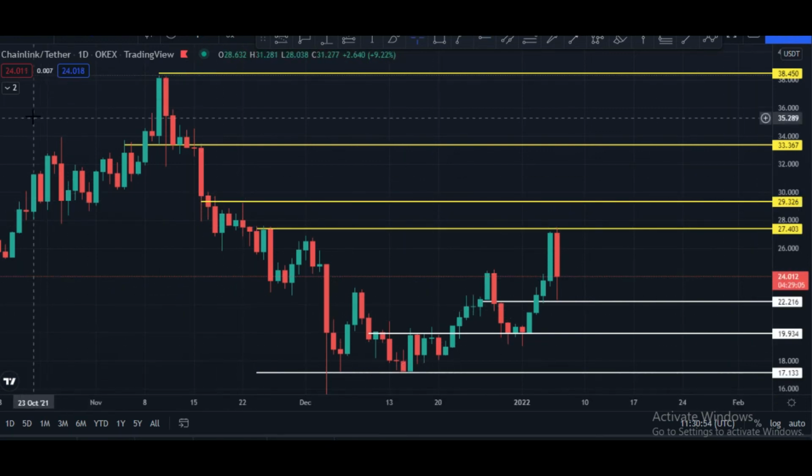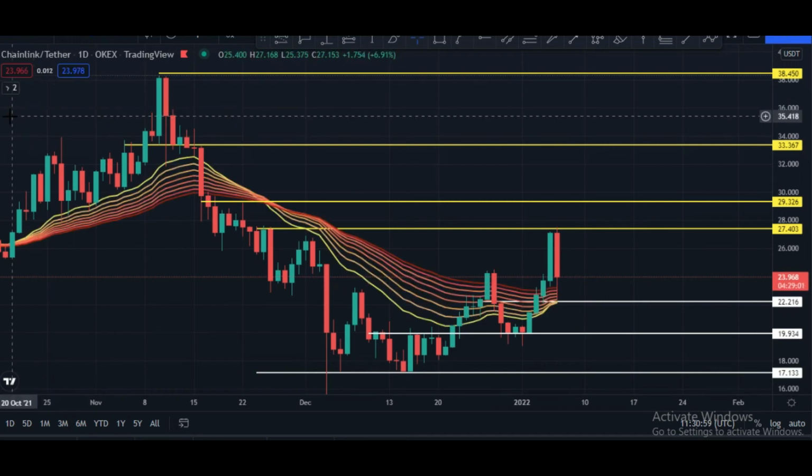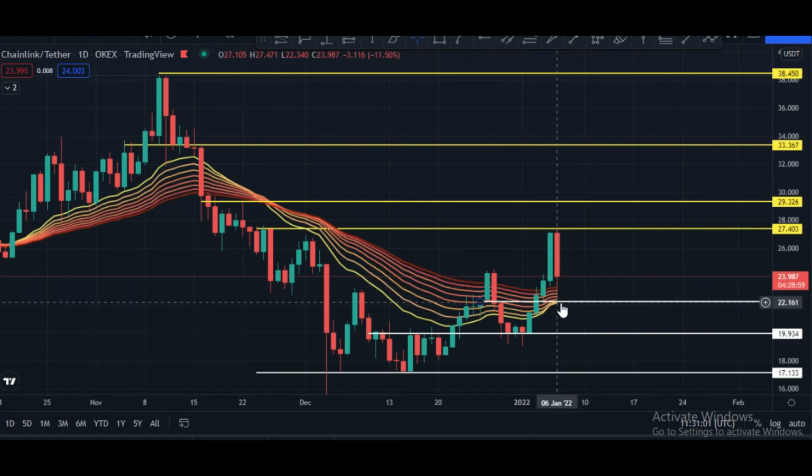And let me please show you some indicators. First of all, let me please show you the EMA ribbon. Candles are still holding this EMA ribbon, and that is a good sign, and this has turned into a major support.